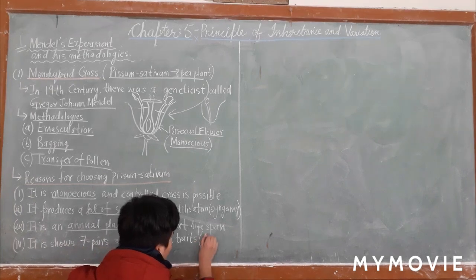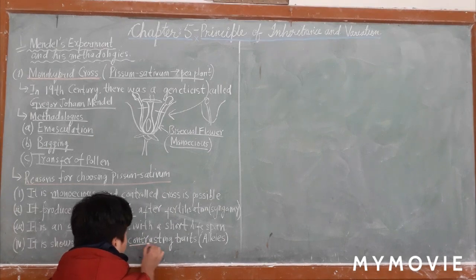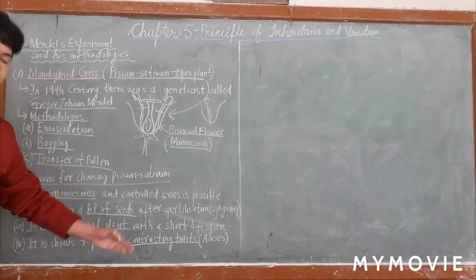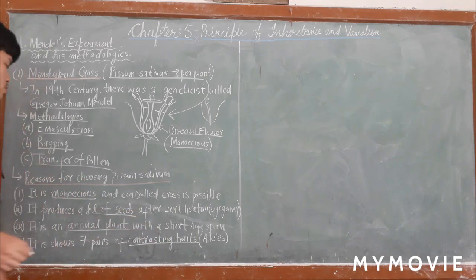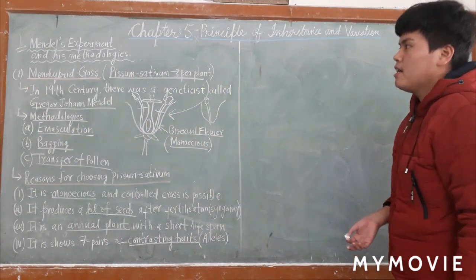A pair of contrasting traits is known as alleles. So 7 pairs of contrasting traits. Okay, contrasting traits. So these are the 4 reasons for choosing the pea plant by Mendel.